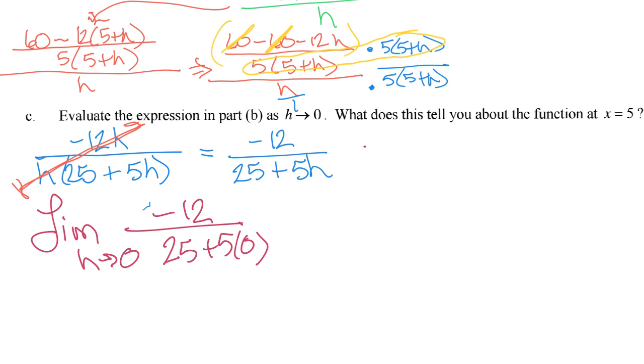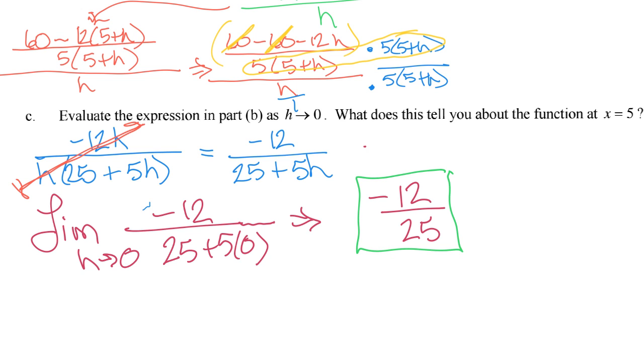Guys, when you're doing this work for the test, you need to show each of these steps. I know that you can see, oh yeah, that 5 times 0 is going to be 0, and I can just skip that step. Show us that you know what you're talking about and plug that 0 in, please. Okay, so the limit, as h approaches 0, is going to be -12 over 25.